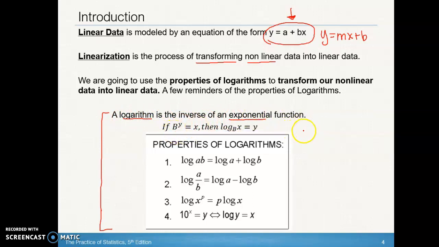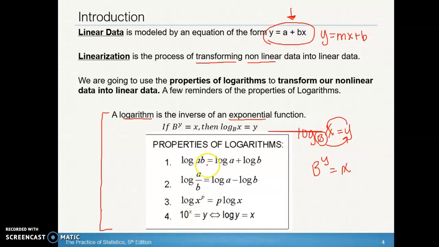So remember, if we have a log function, log base b of x equals y, we can always rewrite it as an exponent by using the property. So you take the base of the log, that becomes the base of the exponent, and then the number after the equal sign becomes your exponent, equals whatever is next to your log value. Okay, so they're inverses of each other.